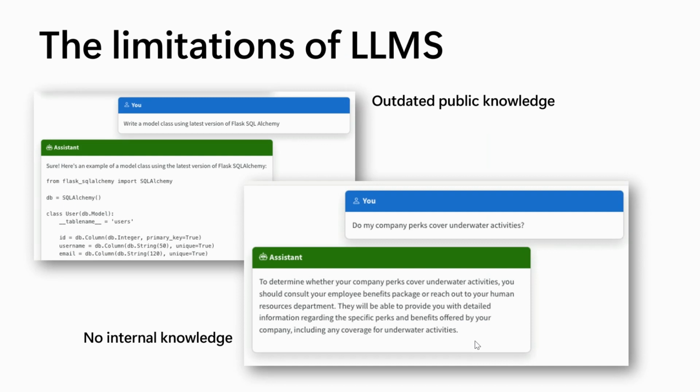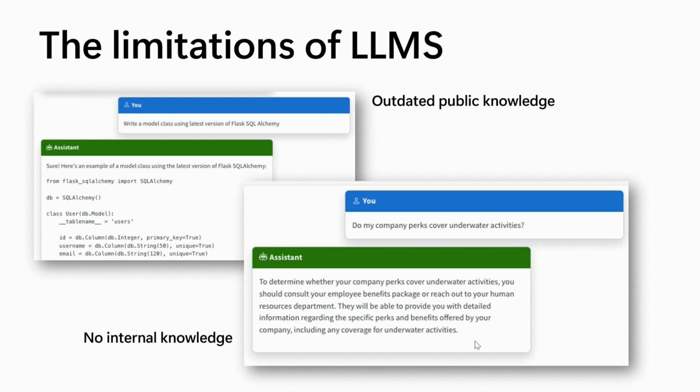So let's get into the limitations of LLMs. The primary two limitations are outdated public knowledge and no internal domain knowledge. What does that mean? Outdated public knowledge means these very large LLMs, especially GPT-4 or GPT 3.5, are trained with a very large amount of publicly available data. This training took days or weeks or even several months to complete, consuming a large amount of GPU.